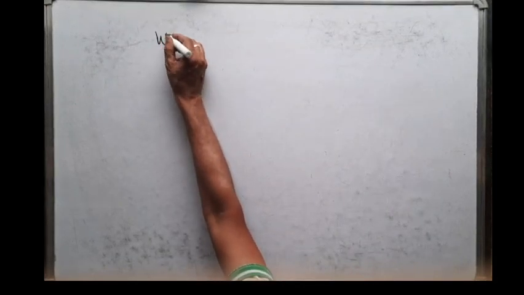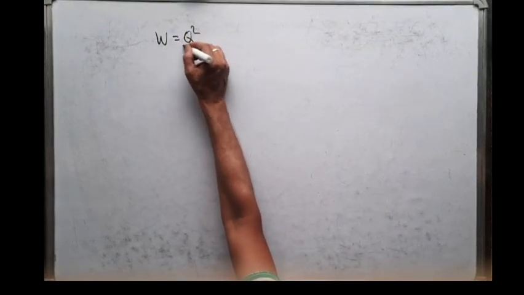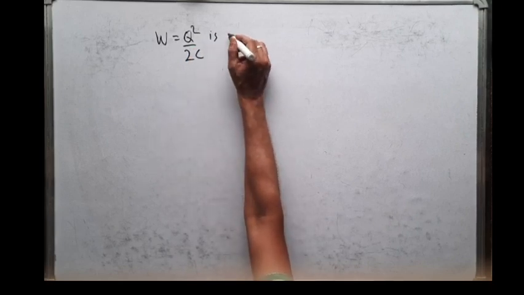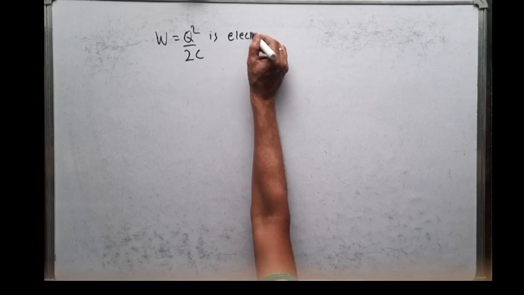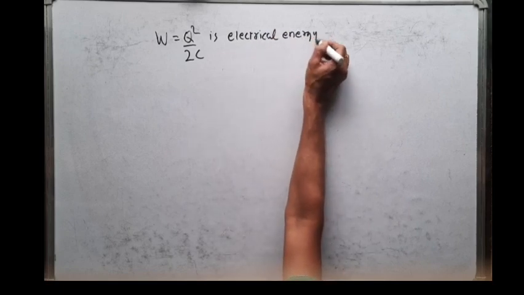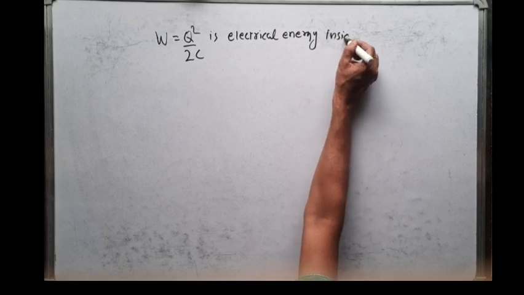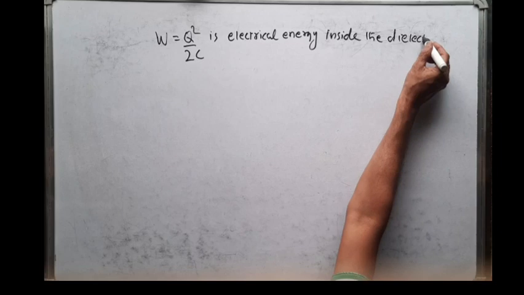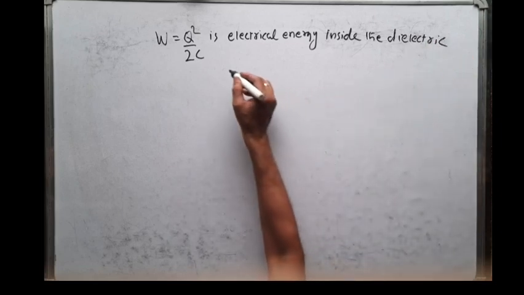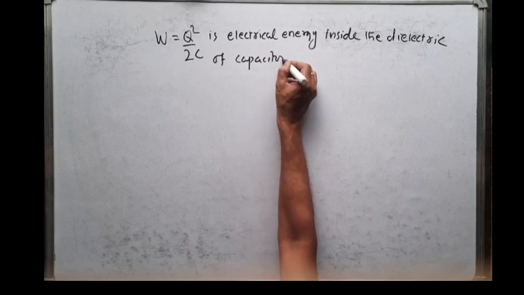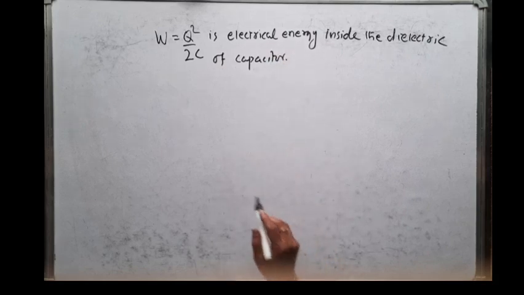We can write the total work done W is equal to Q square by 2C. It is electrical energy inside the dielectric of the capacitor. That means energy is stored inside the dielectric of the capacitor.